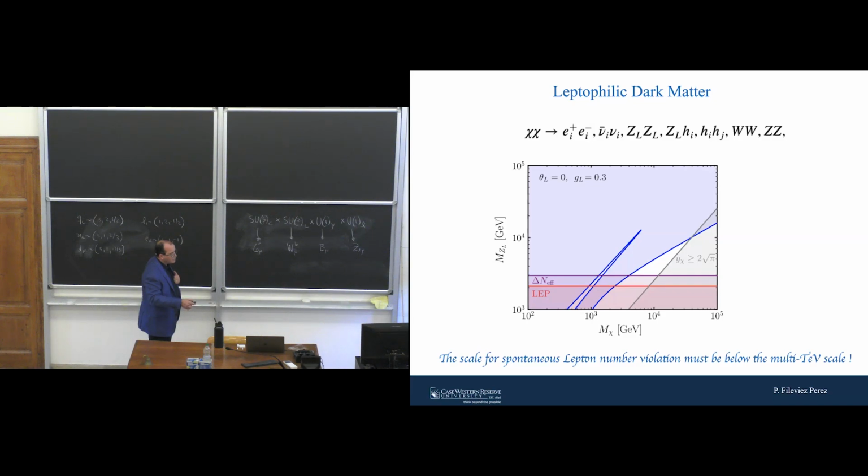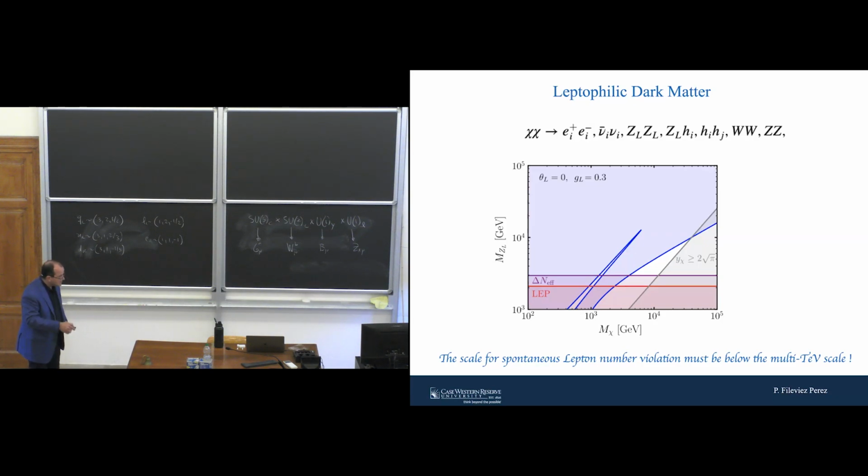But look at that. If you look to the left, 10 to the 4 GeV. And this is the new gauge boson after you break the symmetry. This guy cannot be beyond 10 TeV. If the symmetry is broken beyond 10 TeV, you will get too much dark matter. But the point is that the seesaw mechanism, or whatever mechanism you are doing here, in this case, I can explain something later.